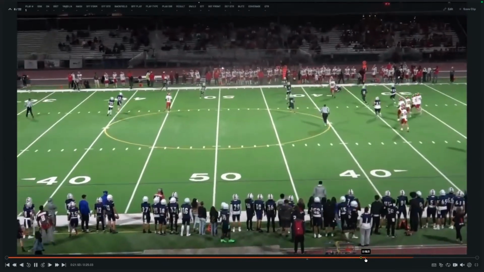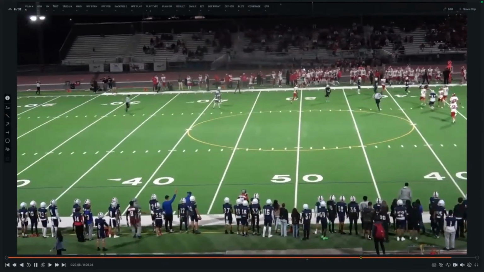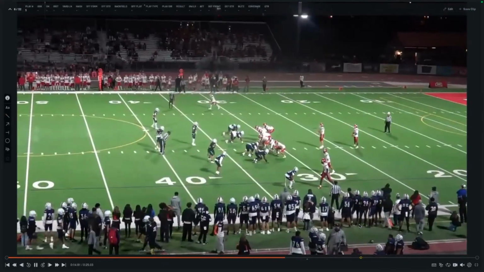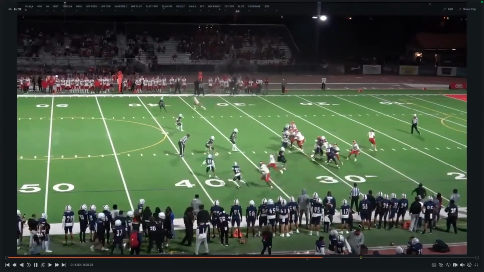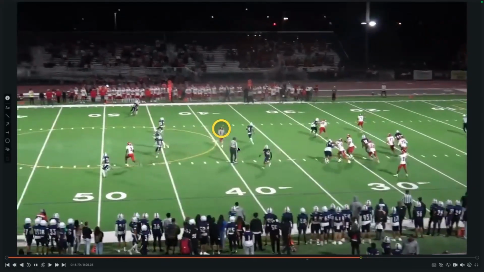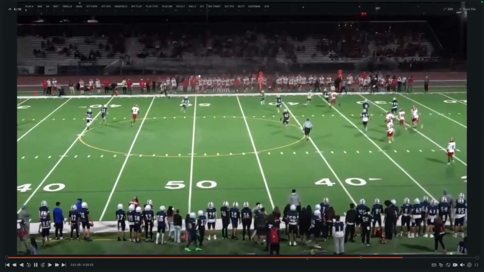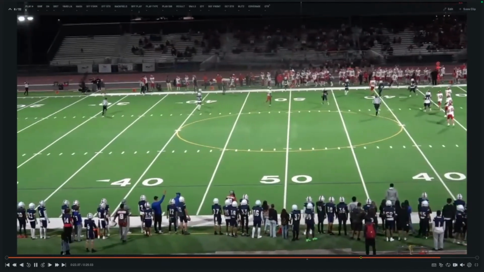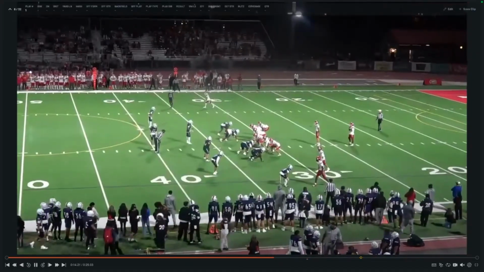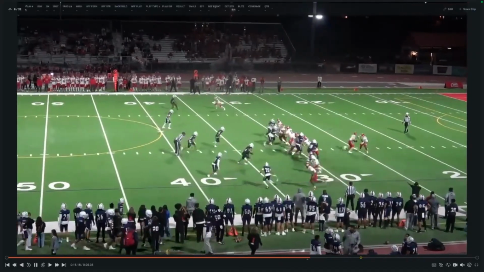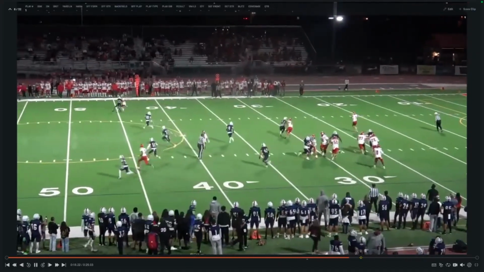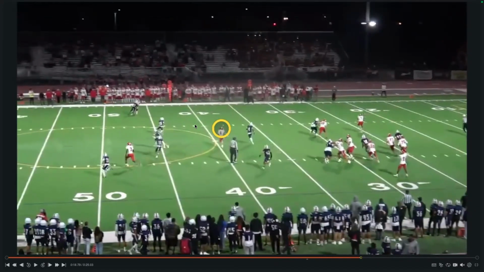I'm a line of scrimmage guy, so we're going to blame our own people. I'm going to put it on the line of scrimmage, because I think the umpire does a good job hustling here to get to where he's going, but you can't just start. That's the speed you run when the play is over and you're trying to get to the pile, not the middle of the play. It's like when they teach baseball outfielders to keep their head still when they're running to catch the ball. Same idea.